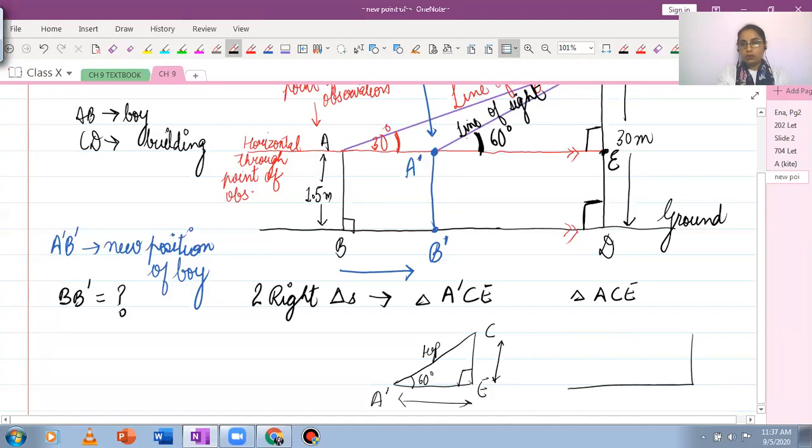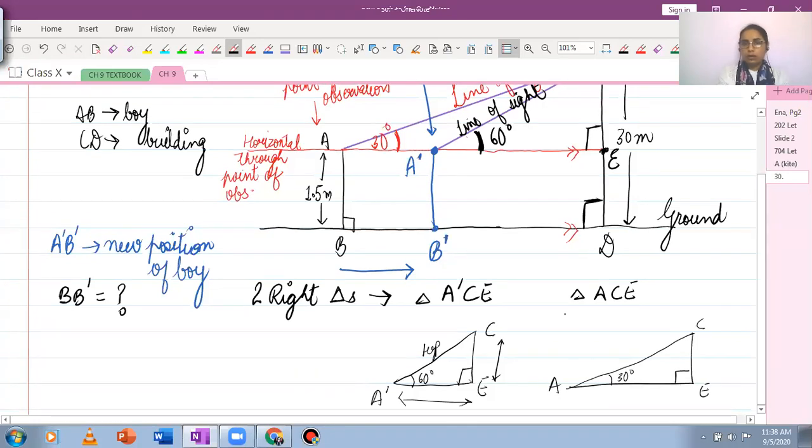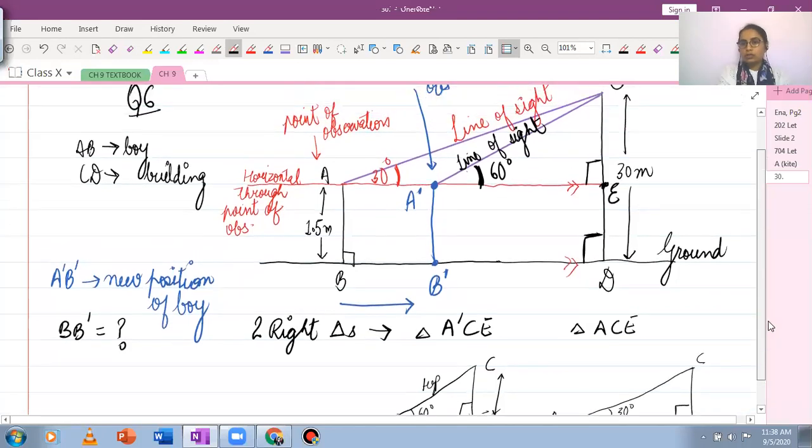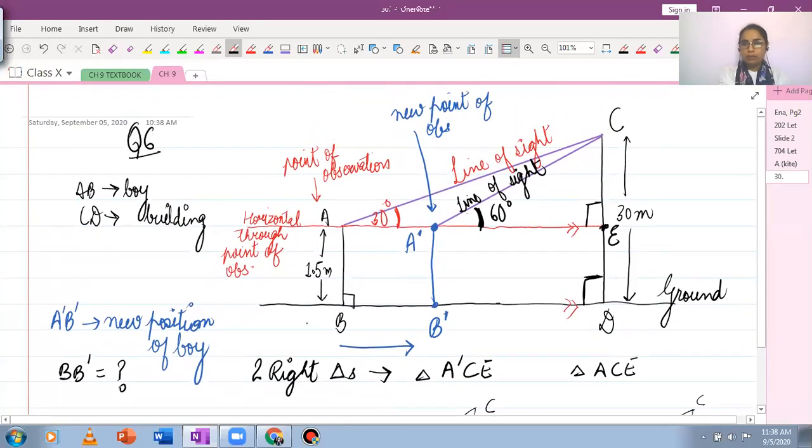Similarly, if you want to draw triangle ACE, you can draw that as well, because you will find it convenient to write ratios. But it's not necessary, it depends on person to person. And before I actually start using these triangles, I'm going to make my work easier by giving this distance a name. So the distance I have to find, I'm going to name this as x.